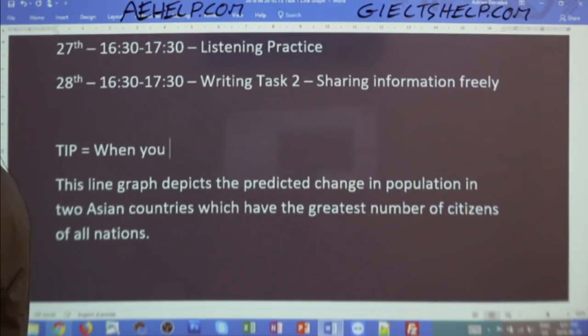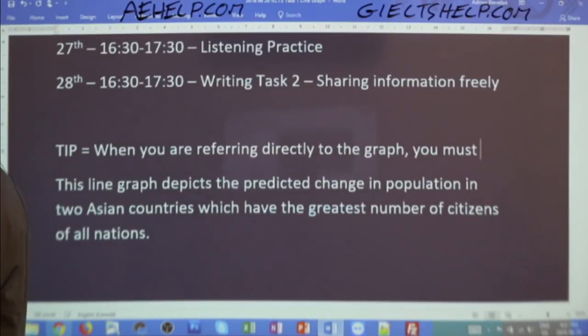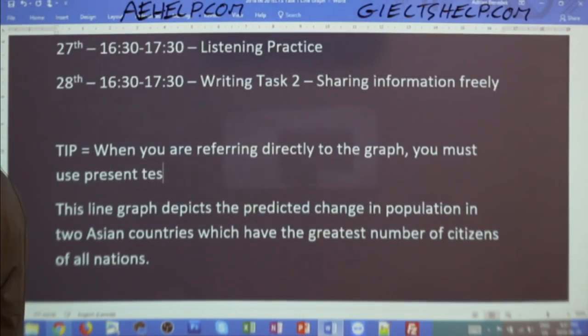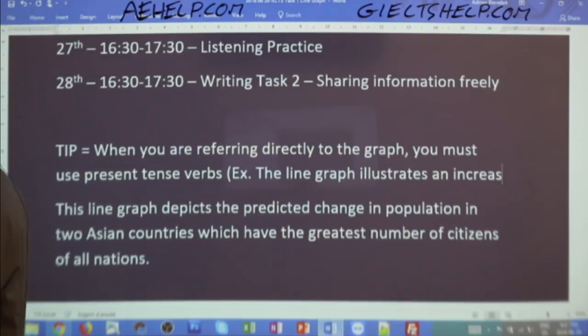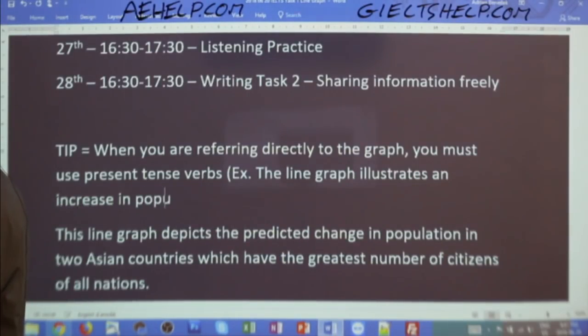When you are referring directly to the graph, you must use present tense verbs, okay? So for example, the line graph illustrates an increase in population between 2020 and 2030, okay?